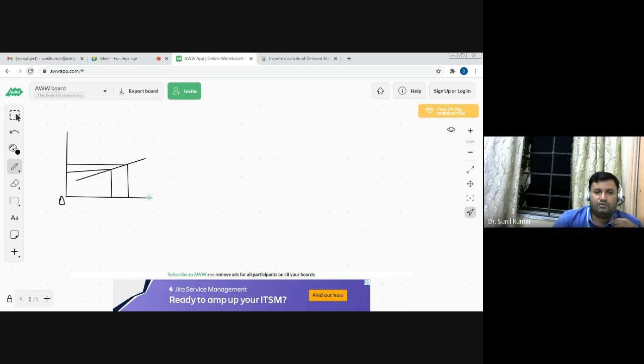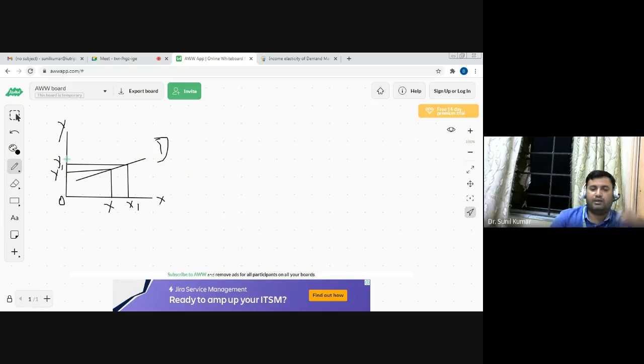Just you see here 0, x, y and this one is the D. Just you see the y and y1, x and x1. Due to the less increase in income, it creates more demand by the consumer.